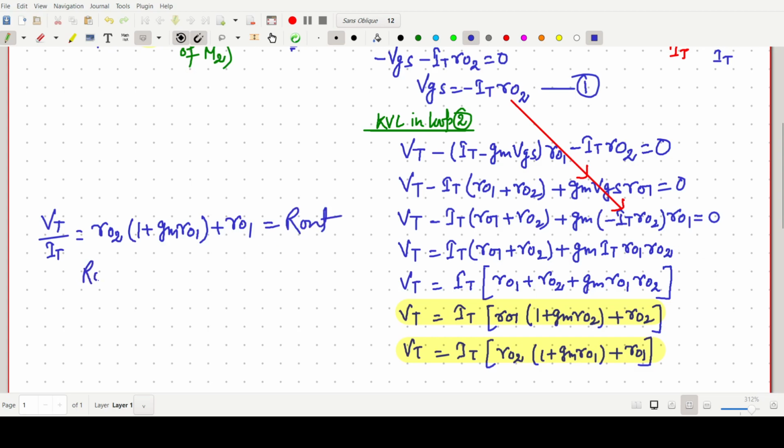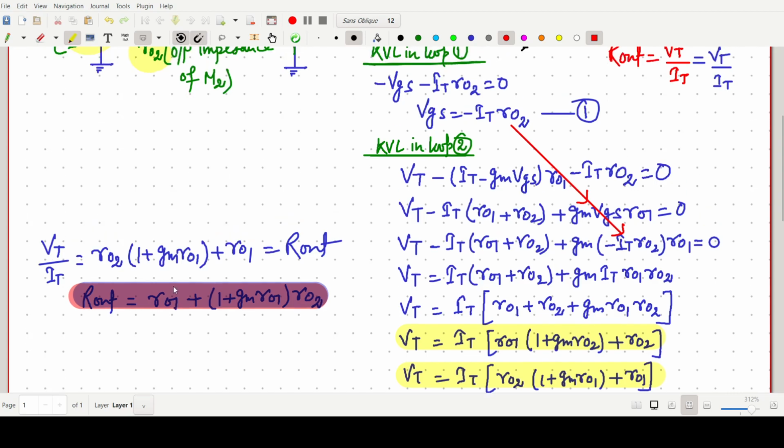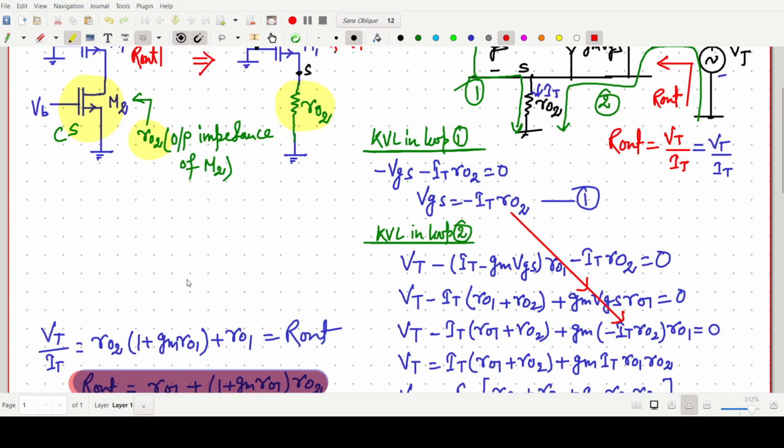So in more general terms, we can write R output as r_o1 plus (1 plus gm1 r_o1) into r_o2. This is nothing but our expression for the R output.